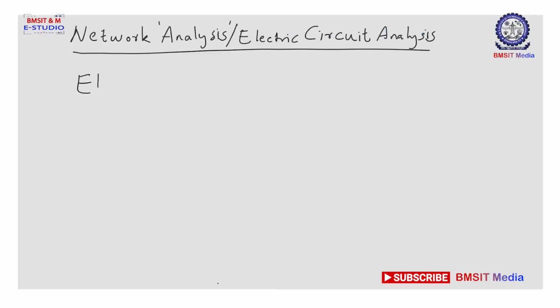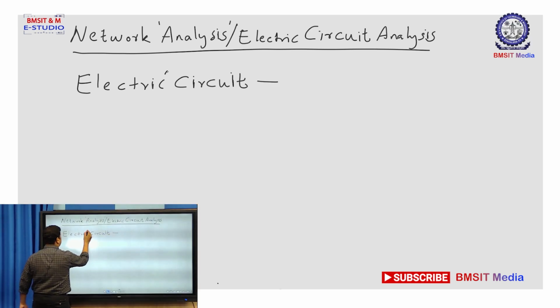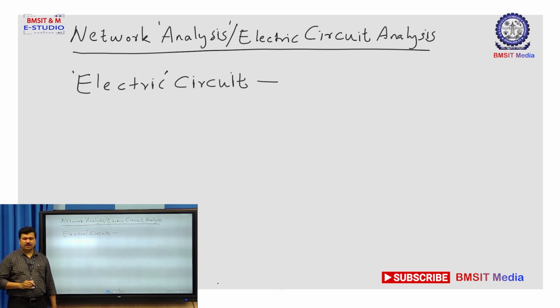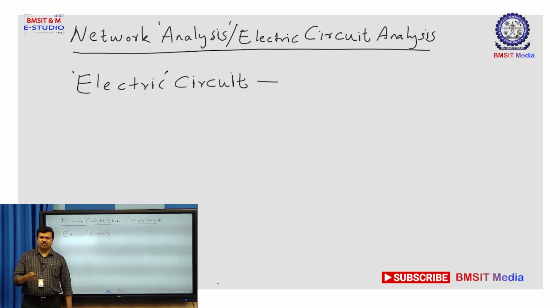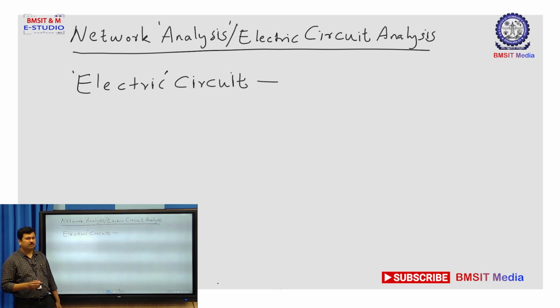So, let us see what an electric circuit is. When I say electric, it deals with current. An electric circuit is the one that provides the path for the flow of current. A circuit is a closed path for the flow of current.